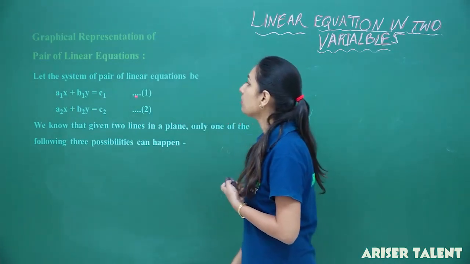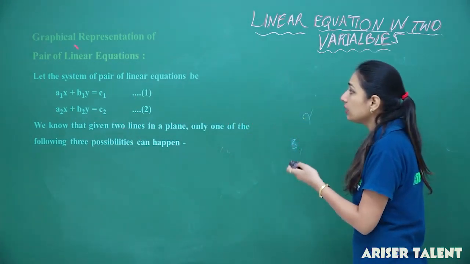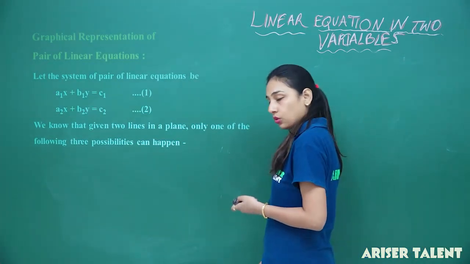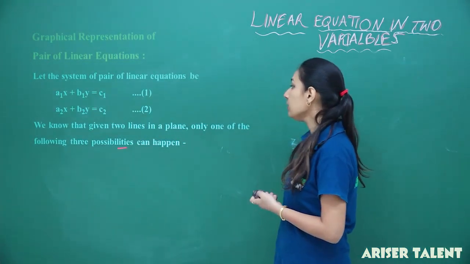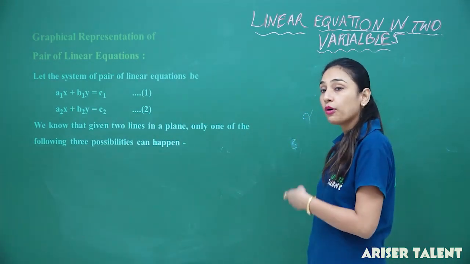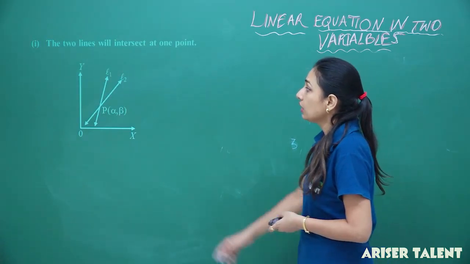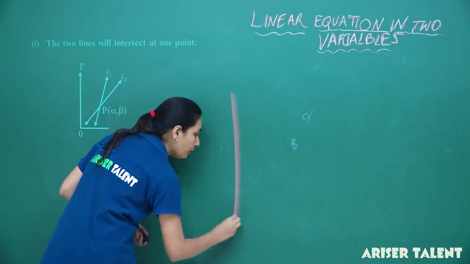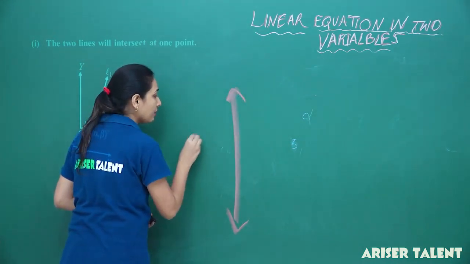Okay. Let the system of pair of linear equations be given. We know that given two lines in a plane, because they are linear, only one of the following three possibilities can happen. What and what possibilities can happen here? These two lines, I have told you what possibilities can occur if a graph is here.